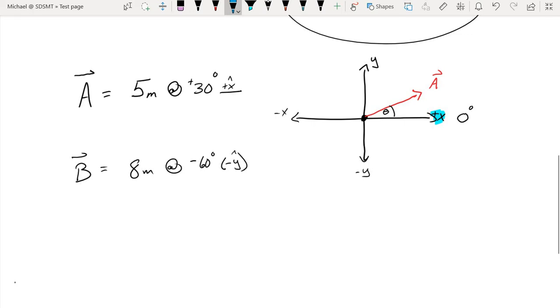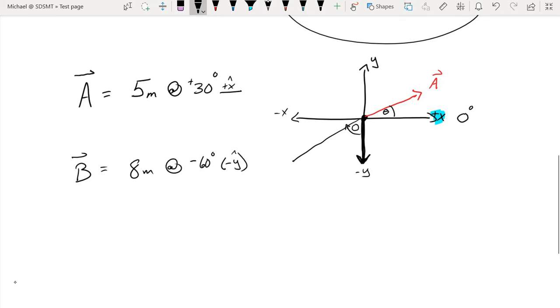So I'm going to start on the negative y-axis, and then I have to measure in the negative direction for angle measure, which is clockwise. So that means I'm going to be measuring clockwise 60 degrees.